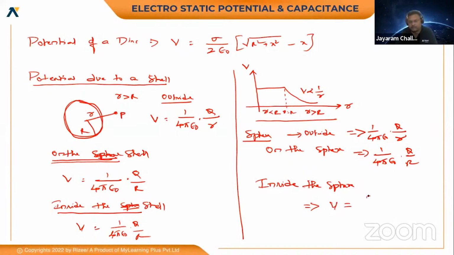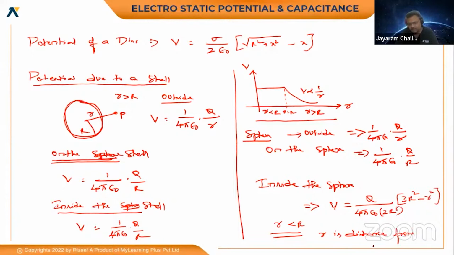So it will be q by 4 pi epsilon naught into 1 by 2R cube of 3 capital R square minus small r square, where small r is less than capital R, the distance from the center. Okay, now this is the condition. Fine. So these are the different formulas of the potential here.